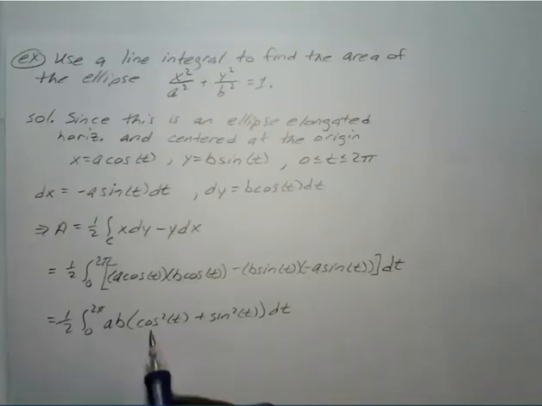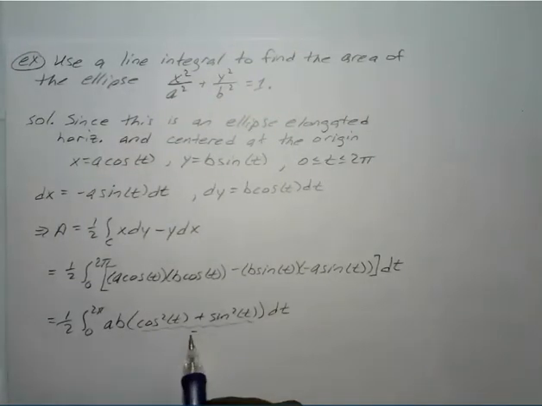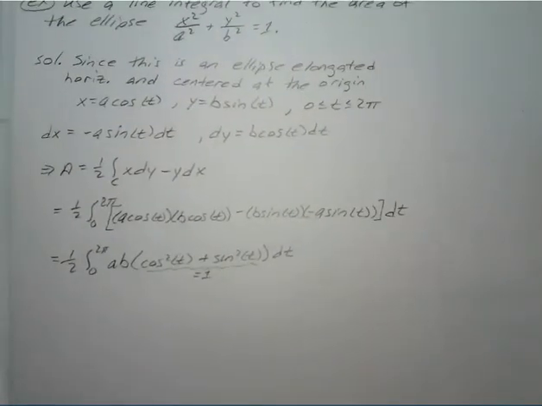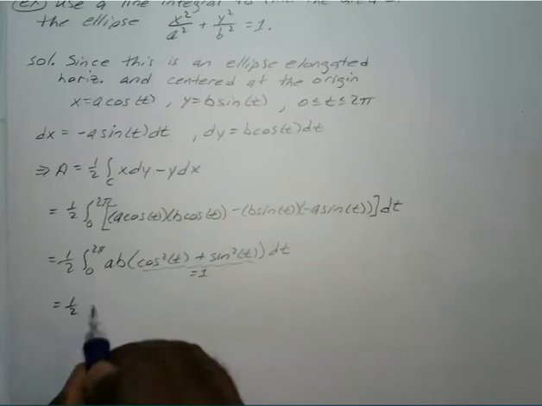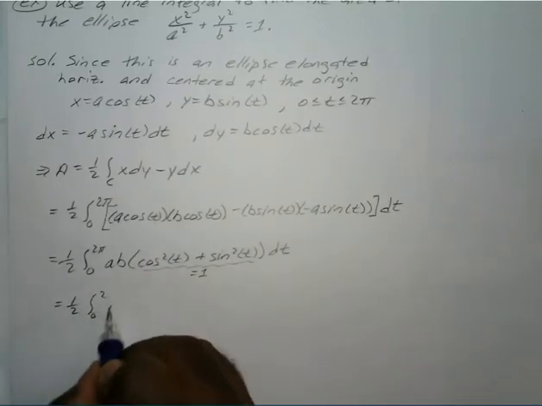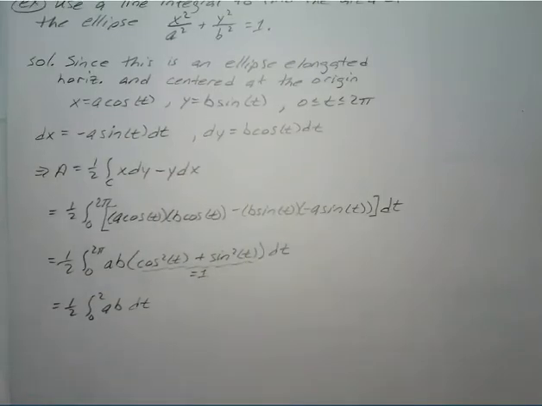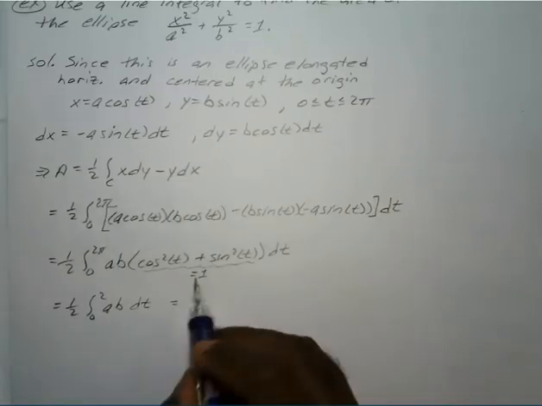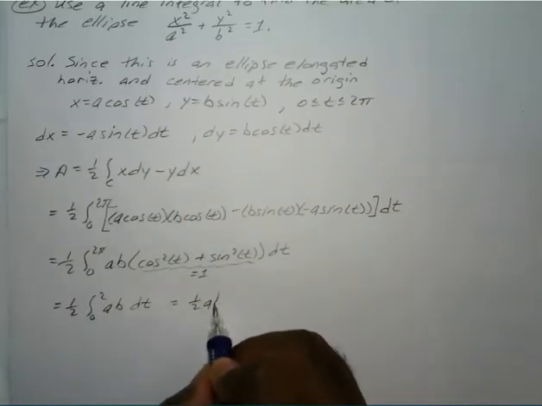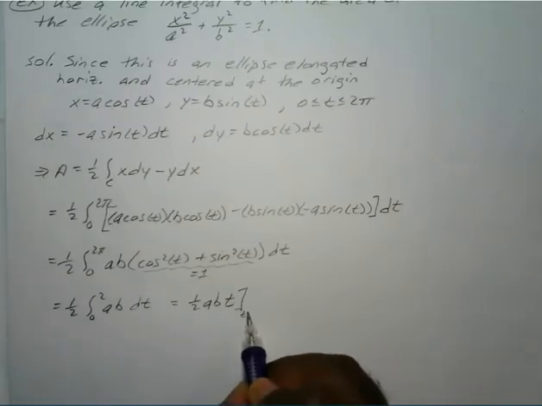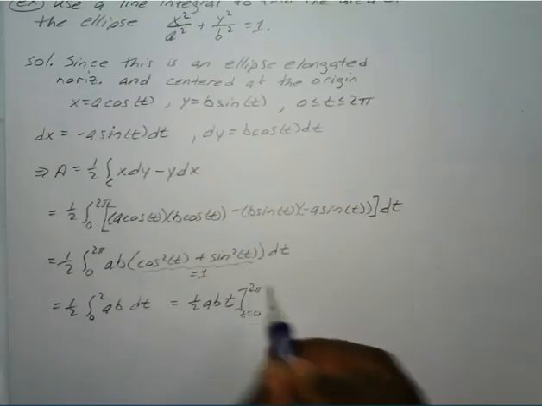All right, so just like before, we know that this is going to equal 1. Which means we just integrate 1/2 times ab with respect to t. Okay, so since a and b are constants, we have 1/2 ab times t, and that would be from t equals 0 to 2 pi.